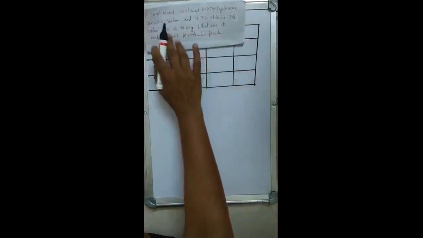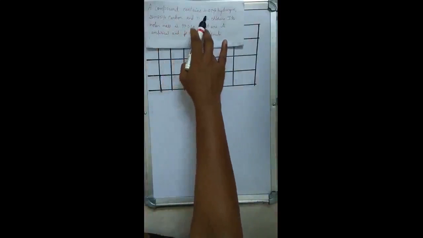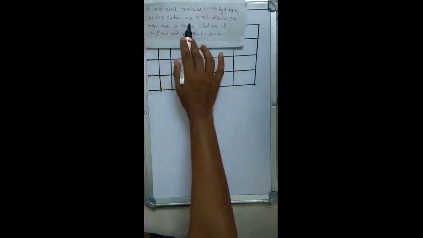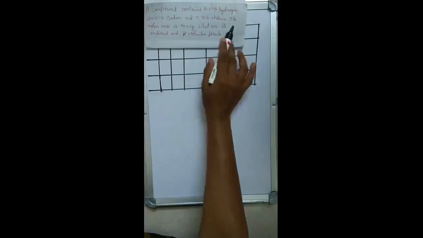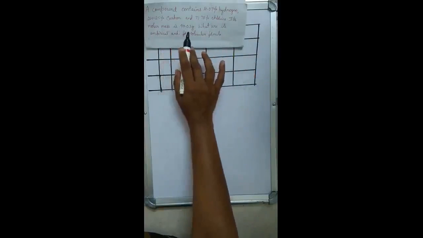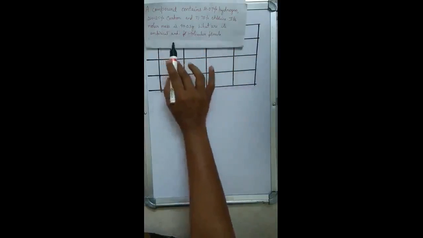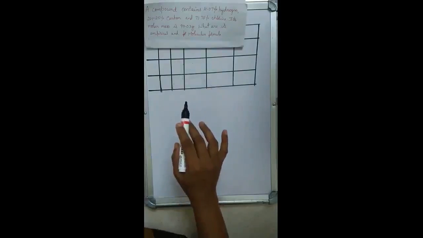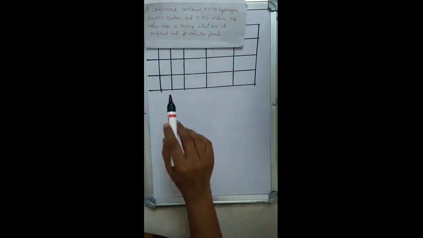See, here I have given the question: a compound contains 4.07% hydrogen, 24.25% carbon and 71.75% chlorine. Its molecular mass is 99.03 gram. What are its empirical and molecular formula? This is the same problem, already explained in the notes also.